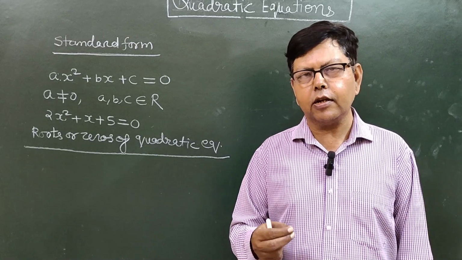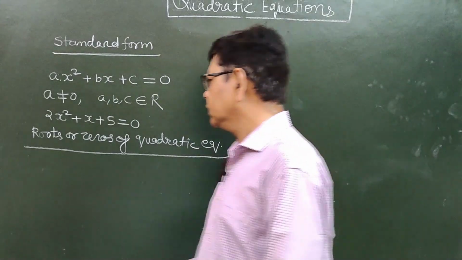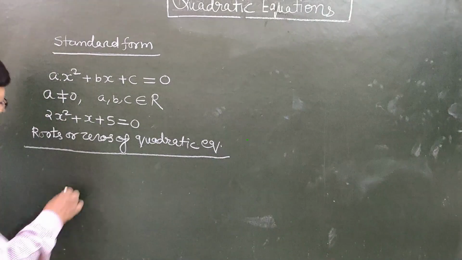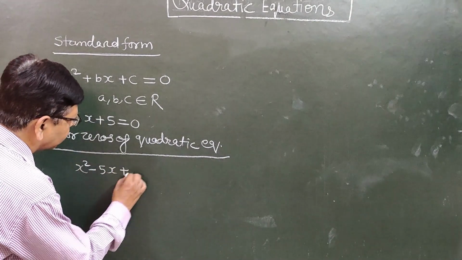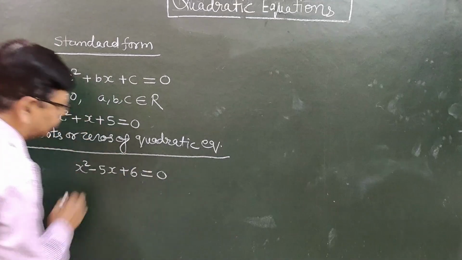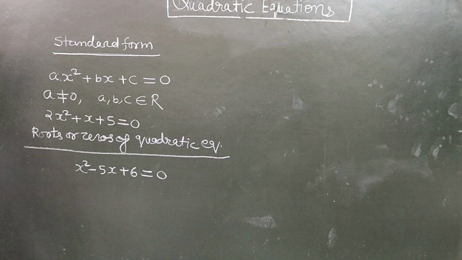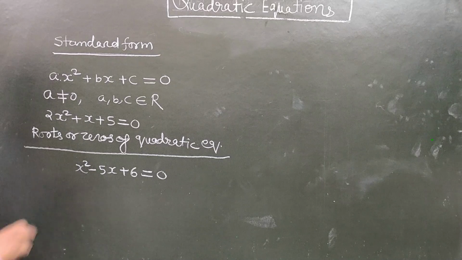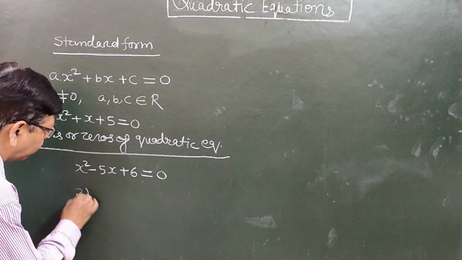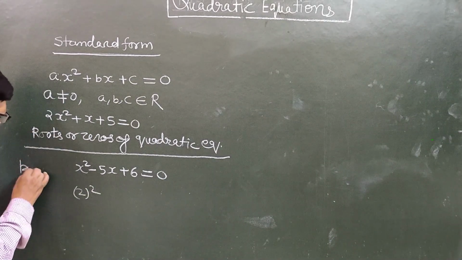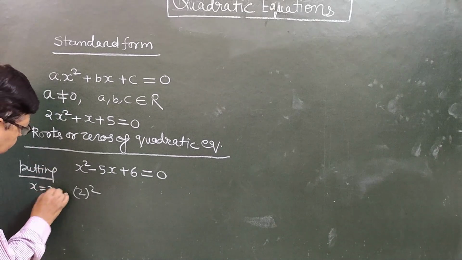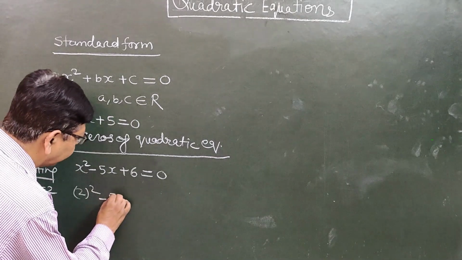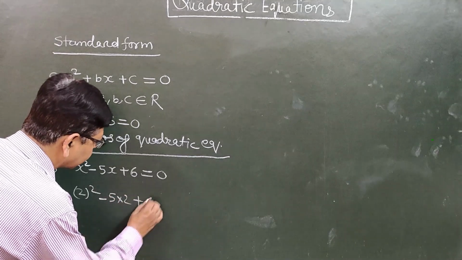To illustrate this, let us consider an example. For example, if we have a quadratic equation x square minus 5x plus 6 equal to 0. Now, if I put x is equal to 2 here, then 2 square minus 5 into 2 plus 6.